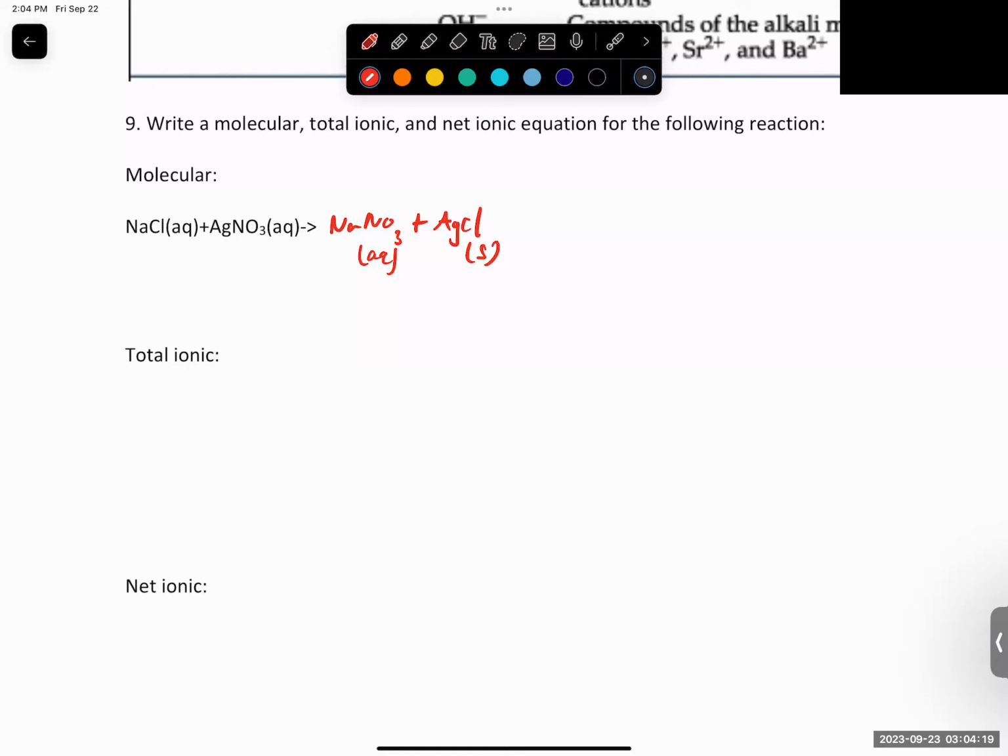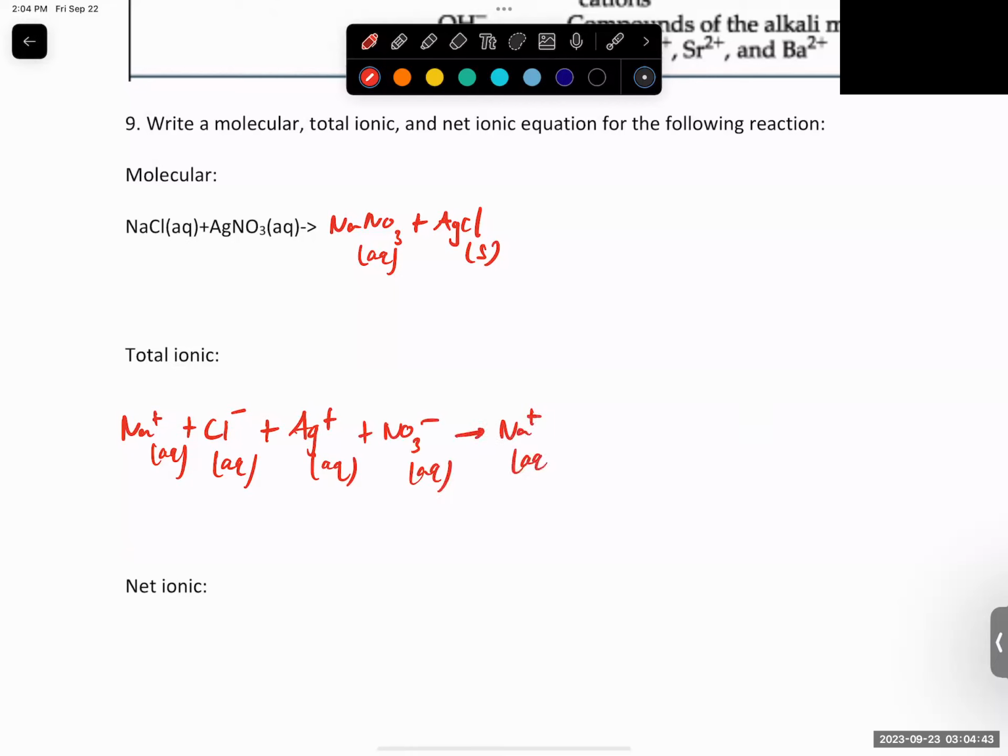All right, total ionic, this one's the annoying part. You gotta break almost everything up into its ions. So Na+ (aq) plus Cl- (aq) plus Ag+ (aq) plus NO3- (aq) yields Na+ (aq) plus NO3- (aq) plus AgCl.